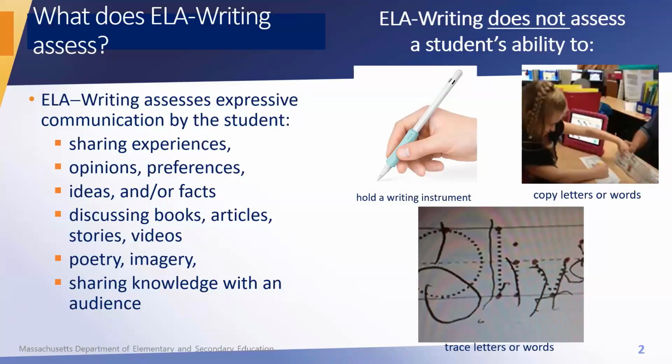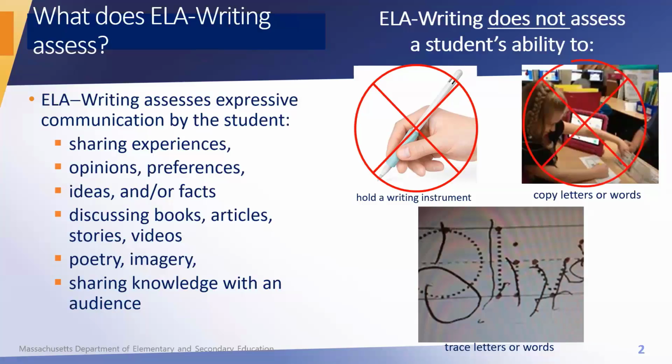What writing is not is a student's ability to hold a writing instrument. It's not whether or not they can use a pencil or a marker. It's also not about copying words and letters that you give them. And above all, I beg you, do not highlight the words that they've just told you and make them go over them.